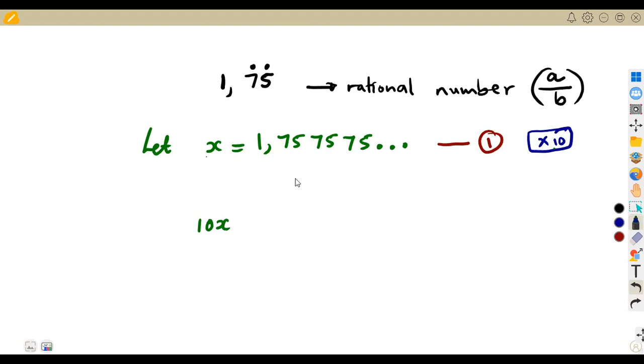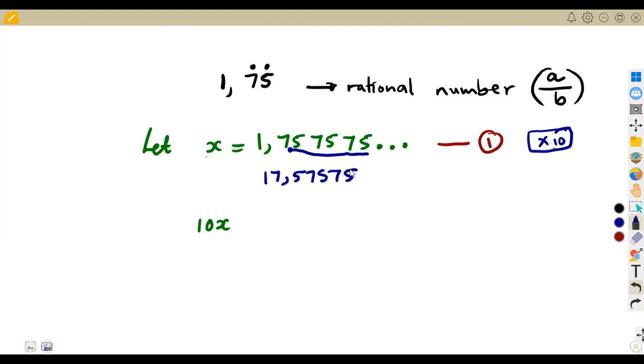Remember what I said, to multiply by 10 simply means you move the comma 1 place to the right. It was here, so if I move the comma, it is going to be here. So it's going to be 17 at this point, and the numbers after the comma, we are left with 5, 7, 5, 7, and 5.